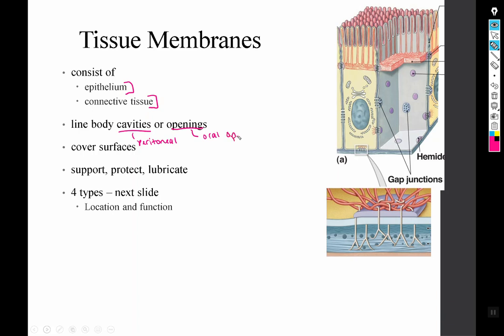They also cover surfaces, so things like your gastrointestinal tract, but also your integument, which we get our own video about next chapter. So they're there to do a bunch of different things: support, protect, lubricate, all kinds of stuff. So we'll go through each kind.